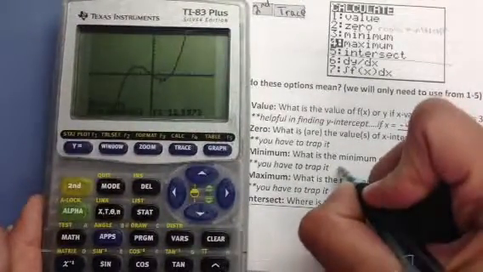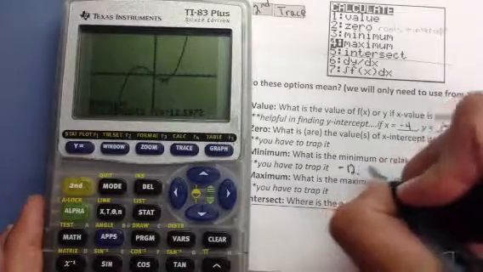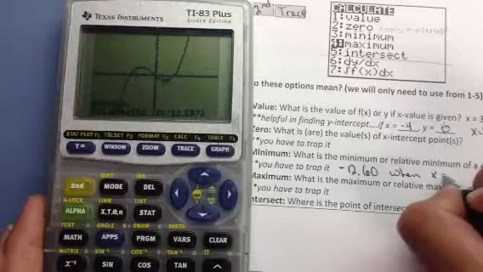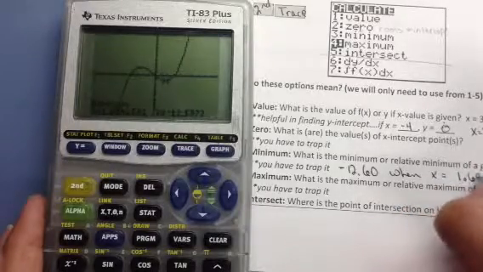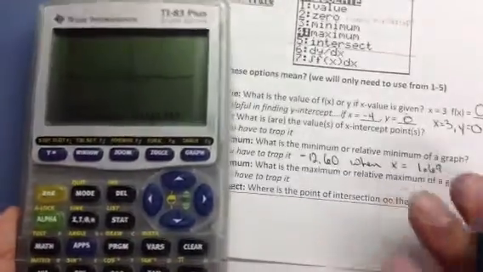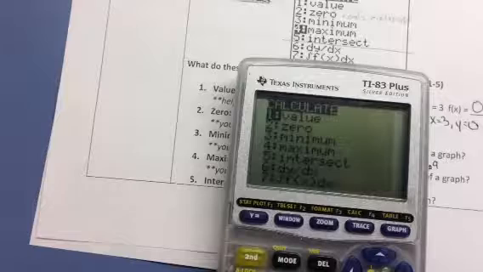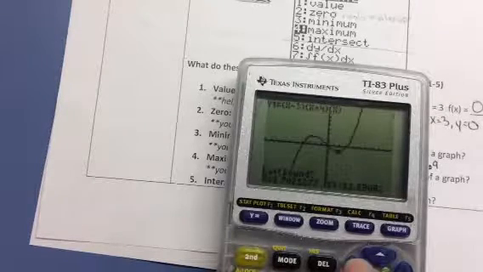So what is the relative min? We're going to write it the correct way now. It's -12, well, we'll round it to .60, when x equals 1.69. And then let's go for the maximum. Again, remember, you can pause. So go back to that second trace, the calc option, choose option 4, and move your cursor. There's the max.